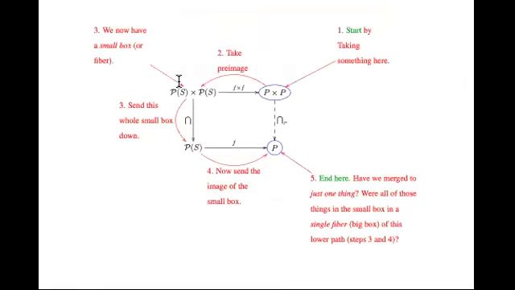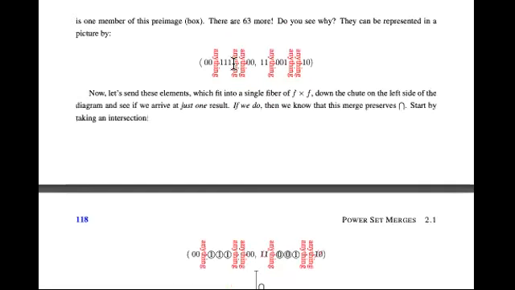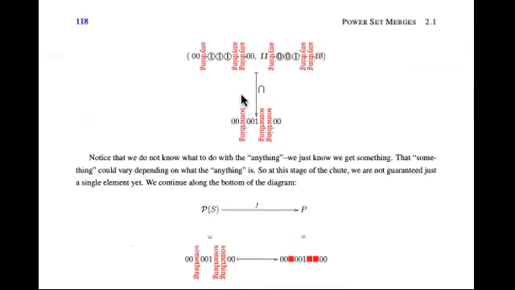So we got something here and we took it to here. Now we're going to take it down here and take intersections of each of those pairs, and then we'll get a number of subsets down here. Let's see what that'll be like. Now we're going to take intersections of these and see what happens.